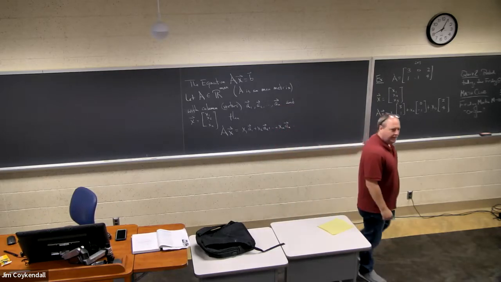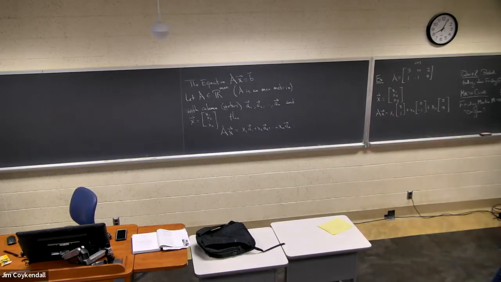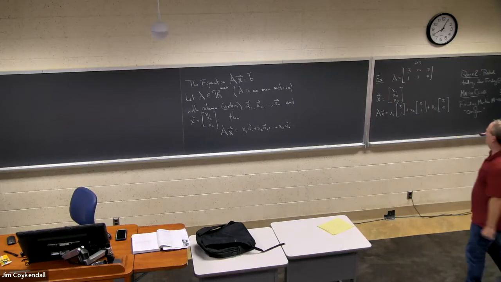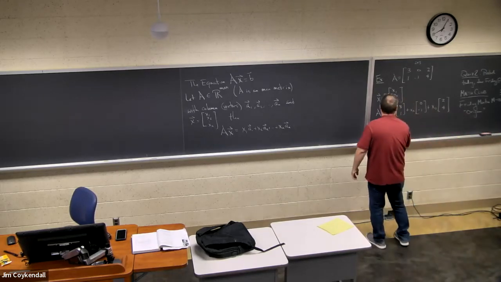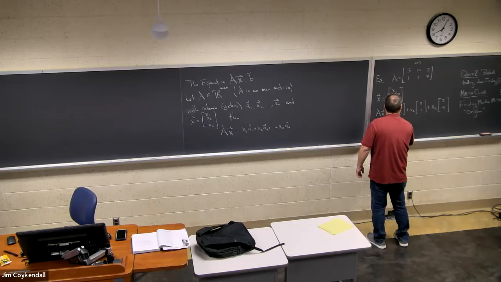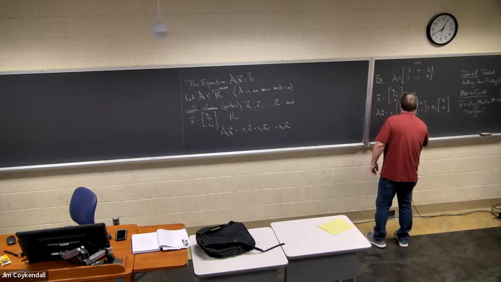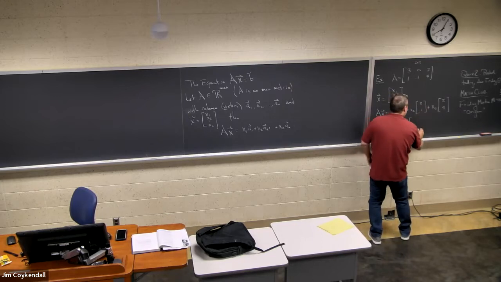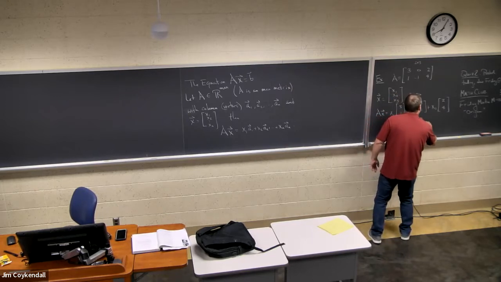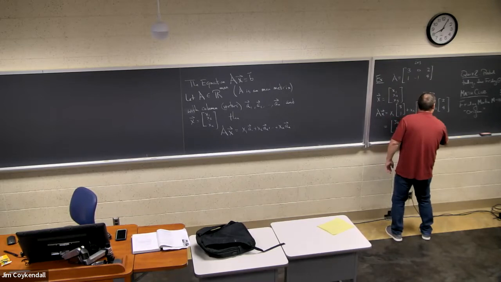And actually, if you wanted to consolidate, you could write this as a single vector. This one is 3x1, 0 times x2 is 0, and 2x3.